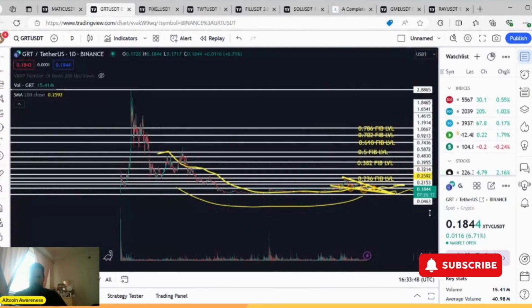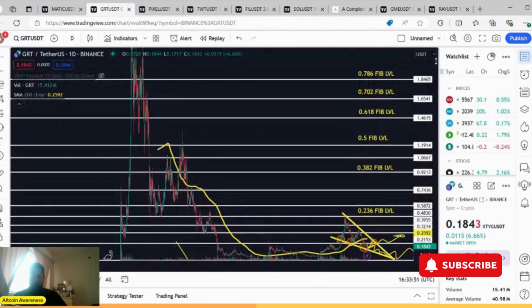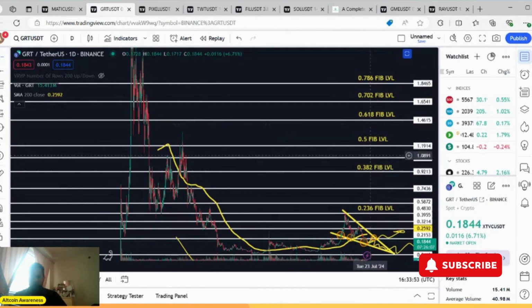I have the Fibonacci levels here on the chart. We have the 0.382 Fibonacci level located at 0.92, the 0.5 Fibonacci at 1.19, the 0.618 Fibonacci level, my favorite, at 1.46, the 0.702 Fibonacci level at 1.65, and the 0.786 Fibonacci level at 1.84.